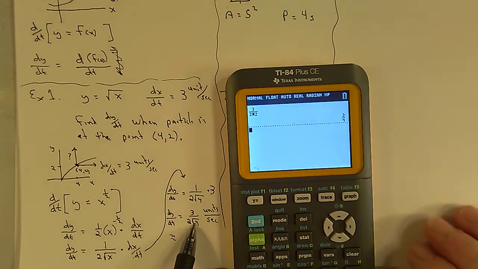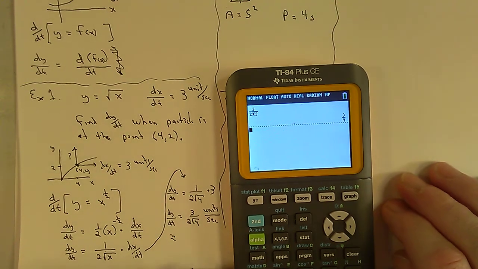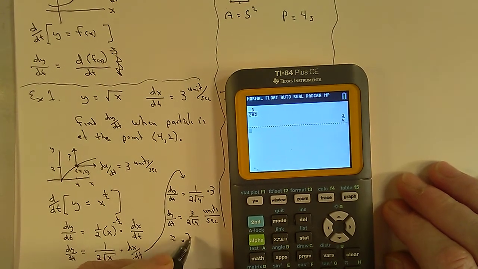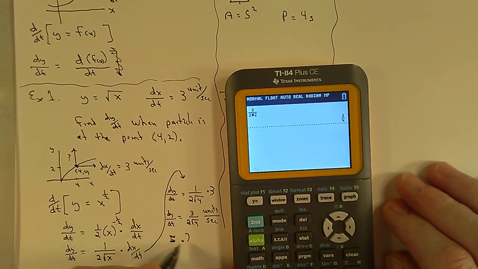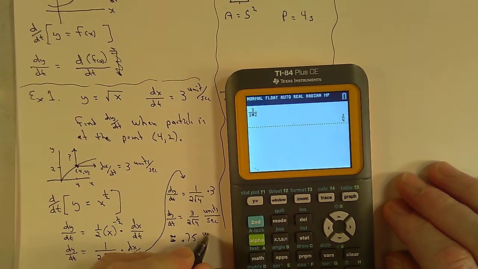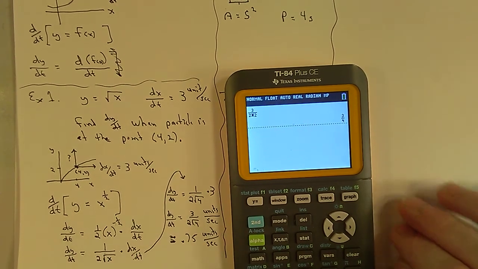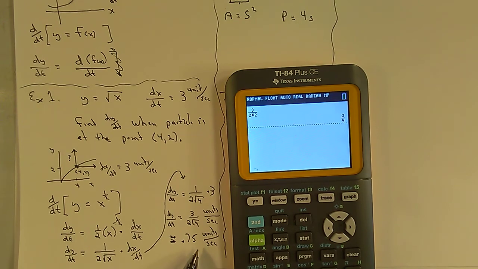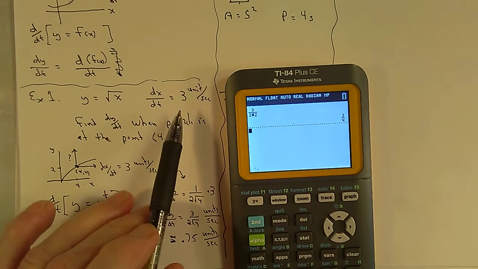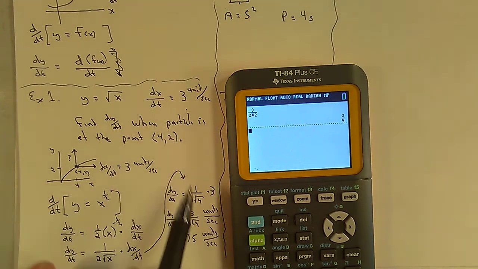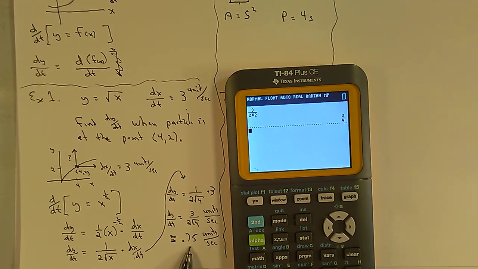That was a lot of work for 3/4. Should be able to do that in my head, right? 0.75 units per second. So as the particle moves right 3 units every second, it's moving up 3/4 of a unit every second.